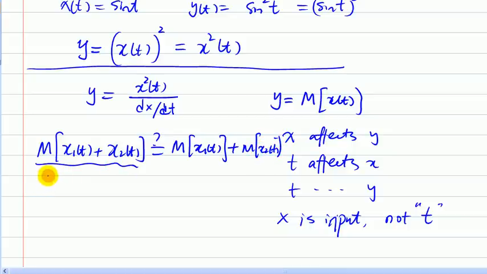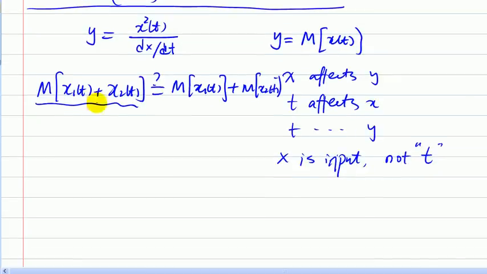So the left side here, inside the bracket is your input. Here the input is x of t. So the new input is x1 of t plus x2 of t.